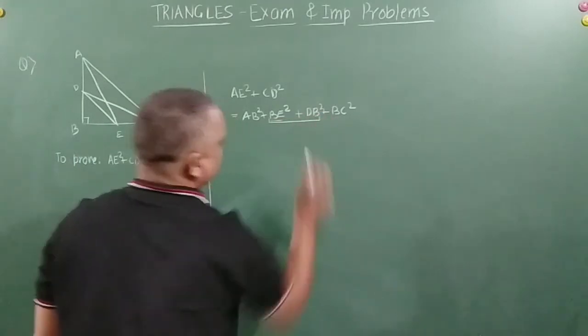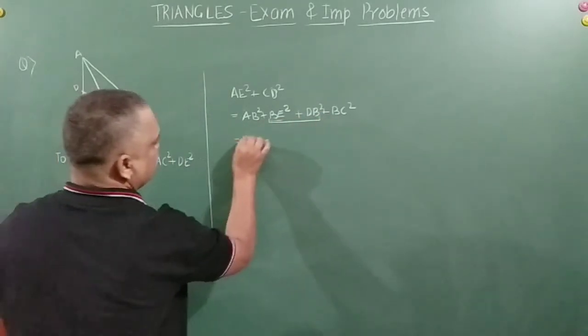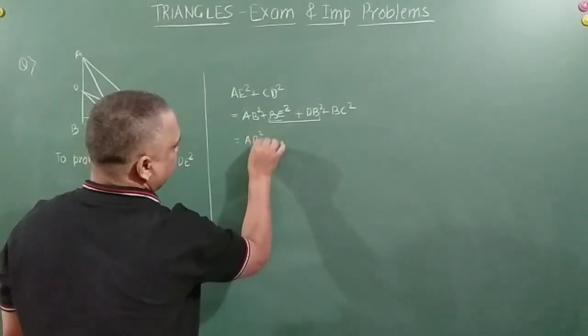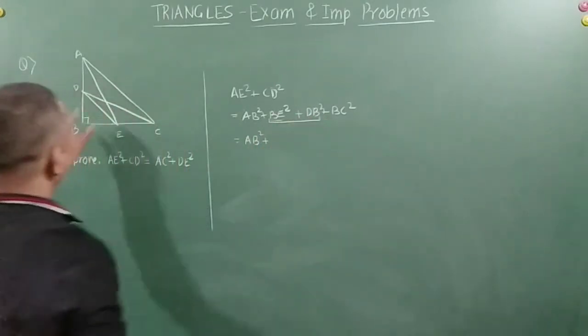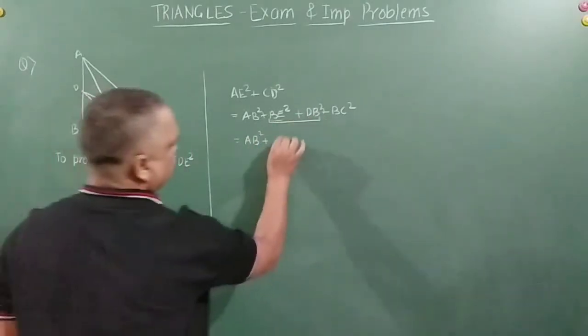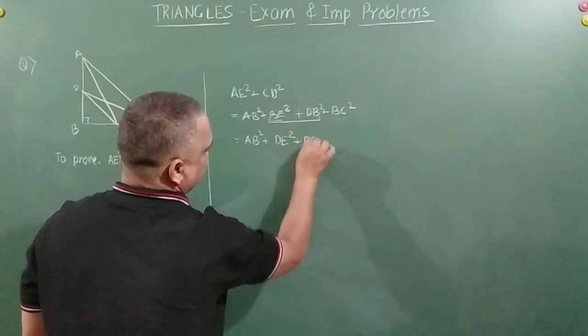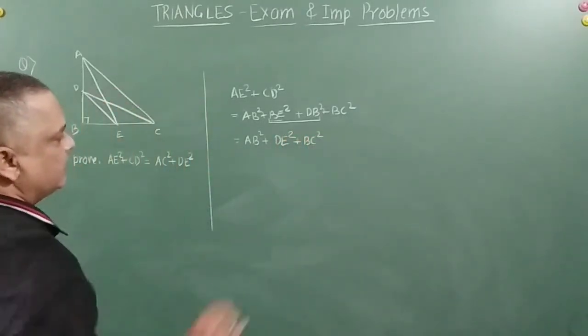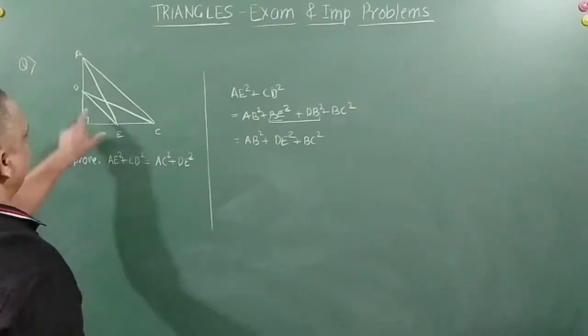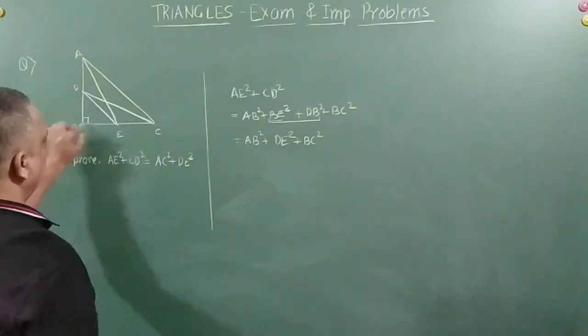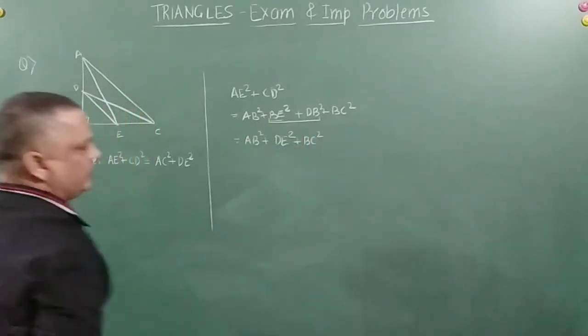Just look at these two terms, friends. Can this be written as AB square plus these two combining together can be written as DE square plus BC square? Correct? No problem, right? In this right angle triangle, I am talking about DBE, this transformation can be done.